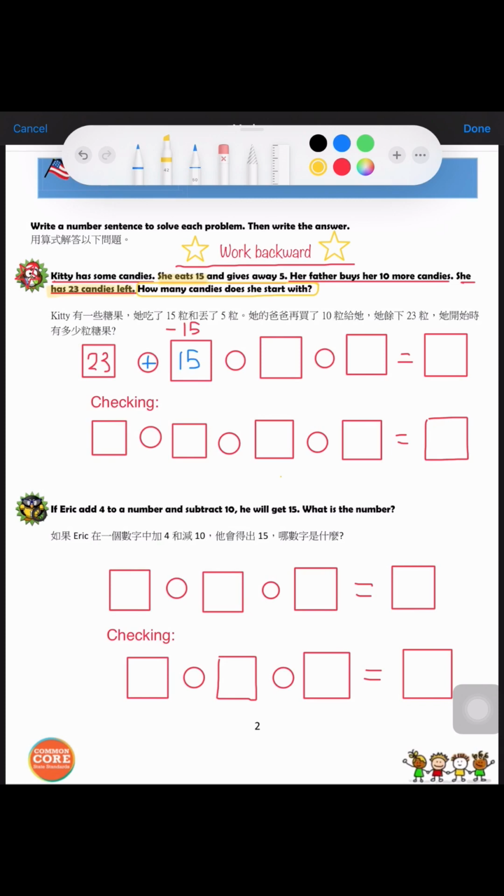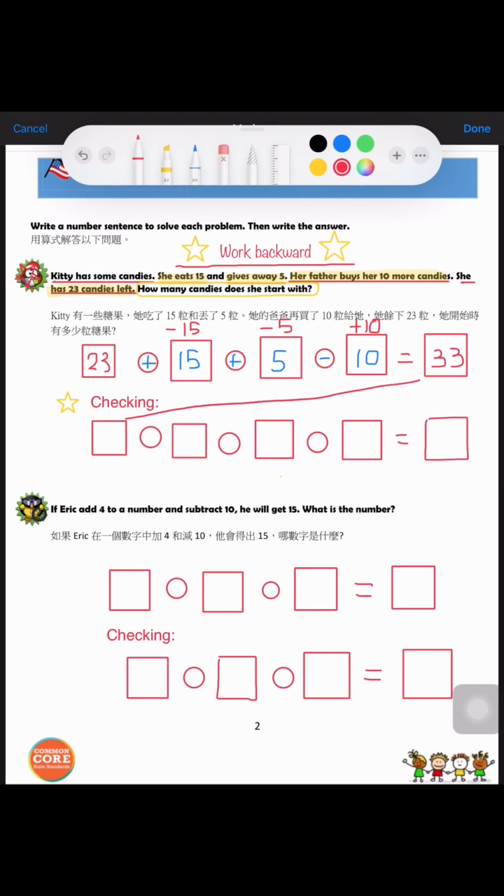Then she gives away 5, so it should be minus 5. But if we work backwards, then it will be plus 5. Then her father buys her 10 more candies, so it should be plus 10. But if we work backwards, then it will be minus 10. So now it equals to 33.